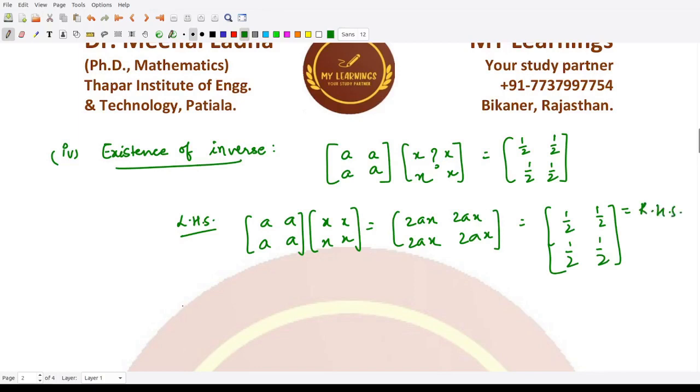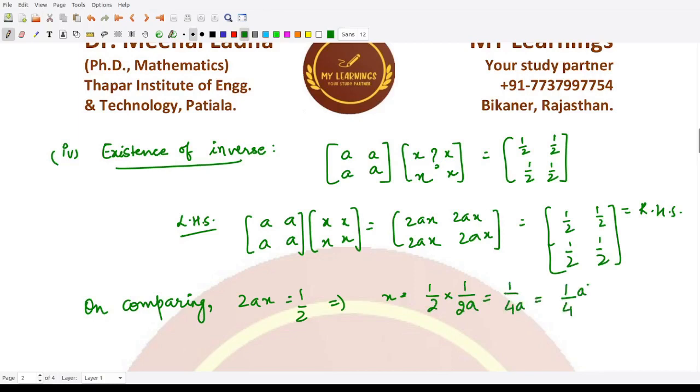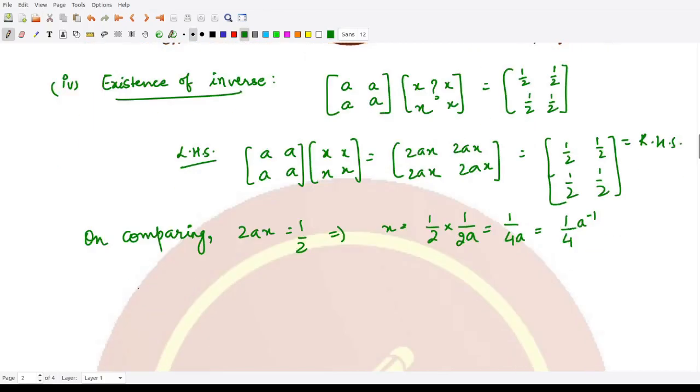From here, on comparing, you would get 2ax is equal to 1 by 2. So what is the value of x? It is 1 by 2 divided by 2a, which is 1 by 4a, or you can write it as 1 by 4 times a inverse. So the value of x is this.